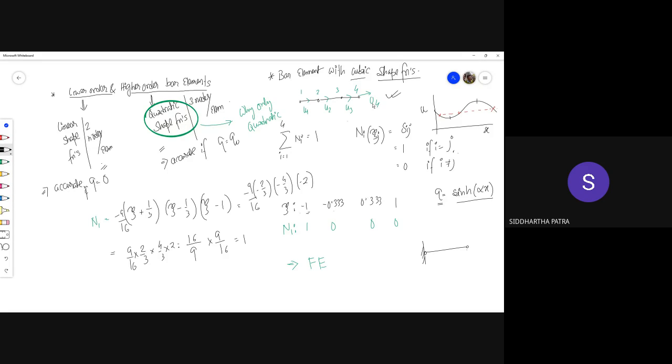It will never be the case, because you have to think in this way: if you let u be something like c0 plus c1x plus c2x squared plus c3x cubed, then you are also allowing it to be a quadratic polynomial just by setting c3 equals 0.